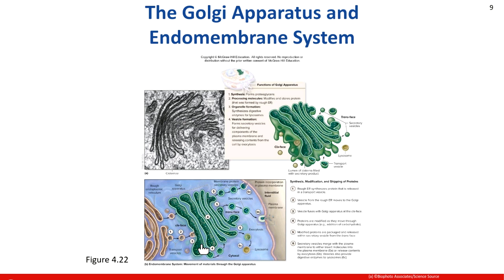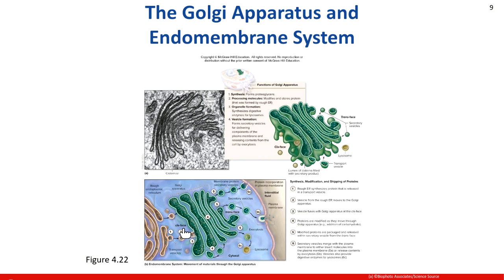Two types of proteins are going to go to the Golgi apparatus, and they will come from the rough endoplasmic reticulum. Before I forget, I needed to mention that the Golgi apparatus is what we refer to as a polar structure. It doesn't mean it's positive and negative, but what that means is the end that's closest to the nucleus or the endoplasmic reticulum, we refer to as the cis phase.